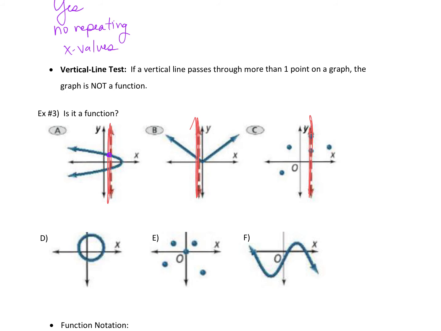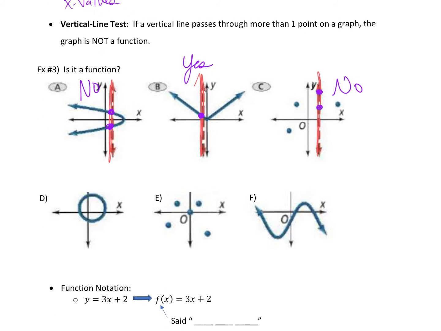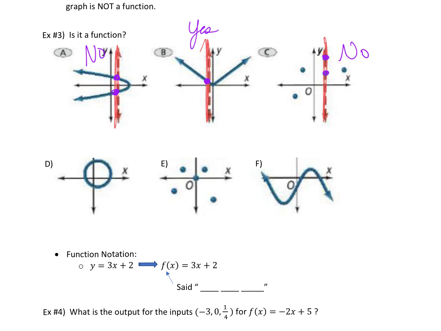So for this letter A, we hit 2 points. Is it a function? The answer is no. Okay. Is B a function? Yes, B is a function because it only goes through 1 point when you draw your vertical lines in. Is C a function? No. Okay. What about D? No. If I draw a vertical line, I hit in 2 places.